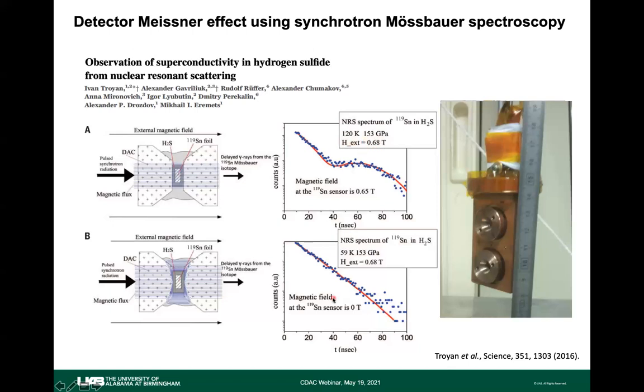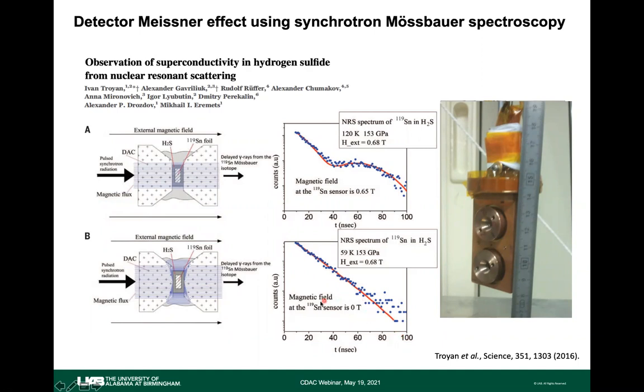But when you cool down below the superconducting critical temperature, 59 Kelvin, the external field is gone. All the external field on the tin-119. If you look at the data, it's basically a linear decay, so there is no hyperfine field.